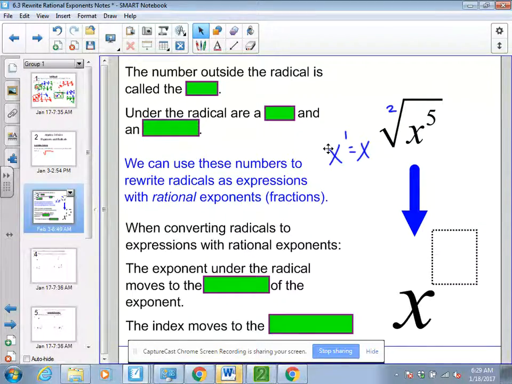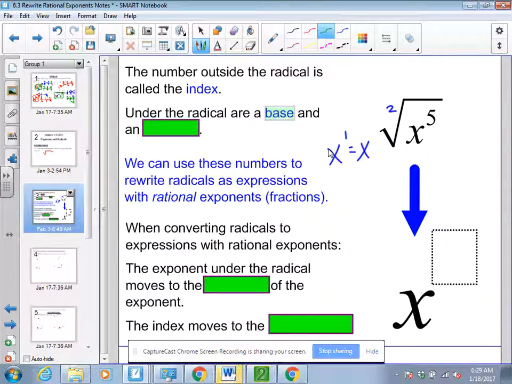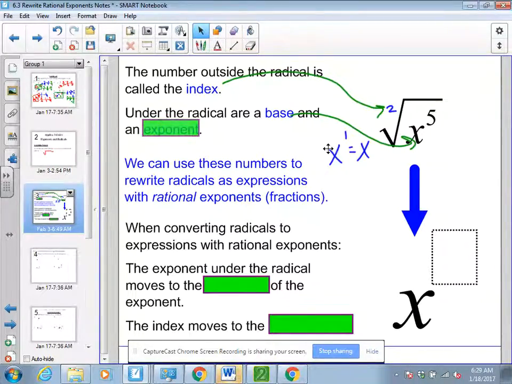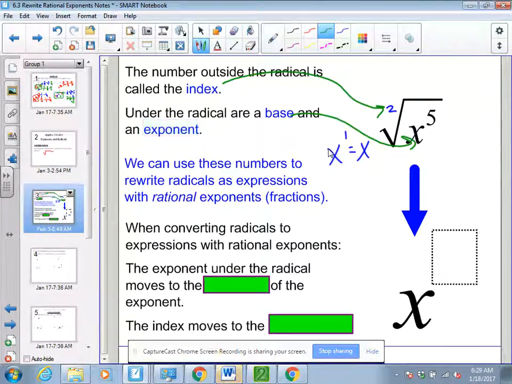So this number outside, it's called your index. Inside, underneath the radical, you've got your base, and your exponent. The base and exponent are familiar. We've been working with those.